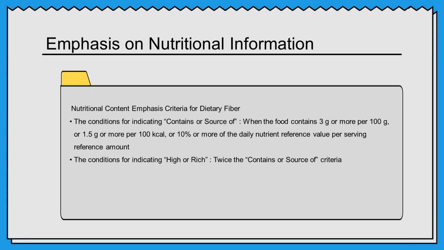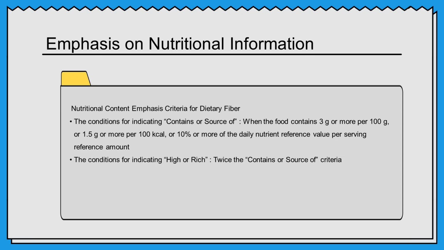For dietary fiber, when the food contains 3 grams or more per 100 grams, or 1.5 grams or more per 100 kilocalories, or 10% or more of the daily nutrient reference value per serving reference amount, you can indicate "contains" or "source of." Therefore, if the product contains 2.5 grams of dietary fiber per 100 kilocalories, the indication "contains dietary fiber" is permissible.